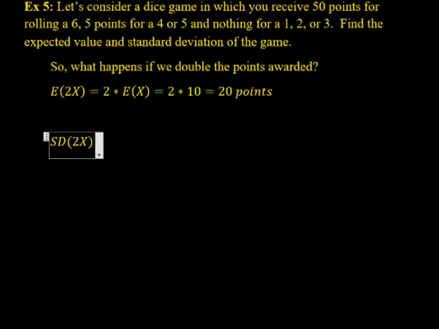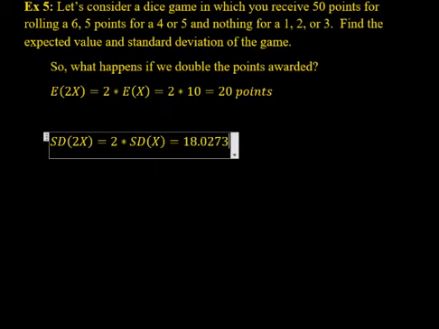The standard deviation of 2x equals 2 times the standard deviation of x, which will equal 2 times 18.0278, which is going to be 36.0556 points.